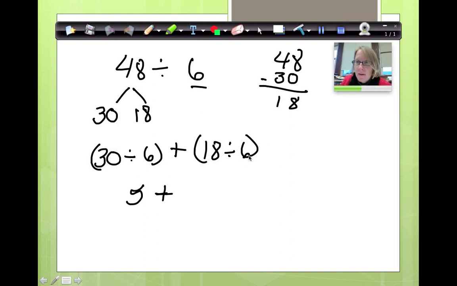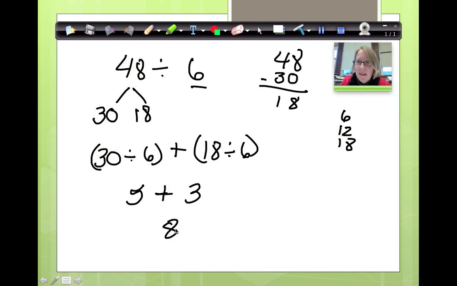Well, what times 6 gives me 18? Let's count by 6s. 6, 12, 18. 1, 2, 3. 18 divided by 6 is 3. 5 plus 3, what is that? 8. So 48 divided by 6 is 8.